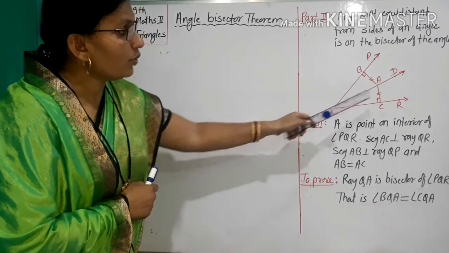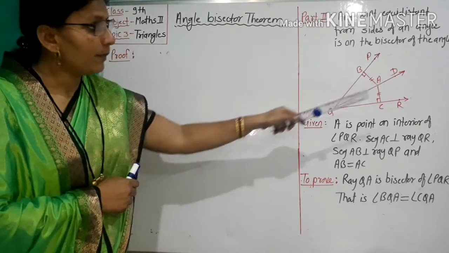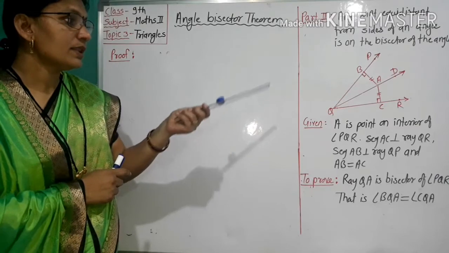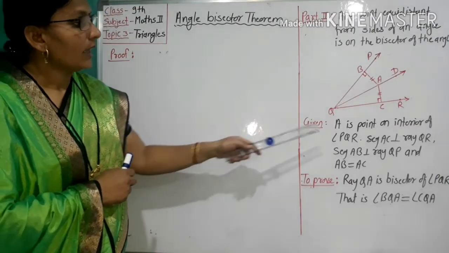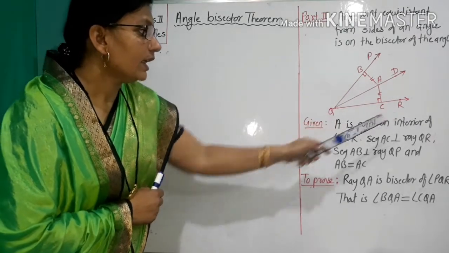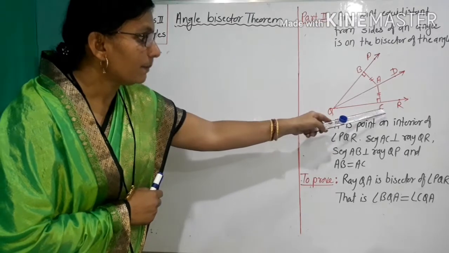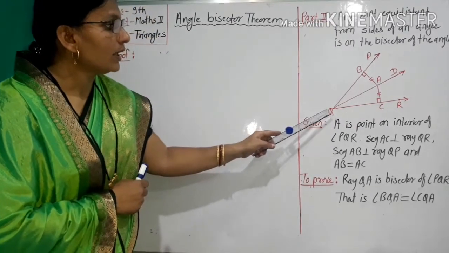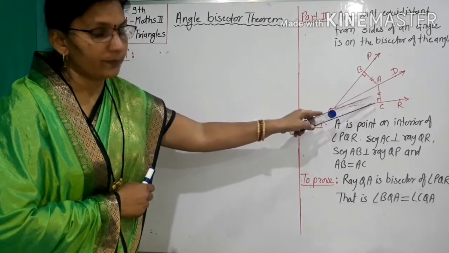In the figure, angle PQR, point A is in the interior of angle PQR, and this point A is equidistant from the sides of the angle. So in the given part, A is a point in the interior of angle PQR. Segment AC is perpendicular to ray QR, segment AB is perpendicular to ray QP, and AB equals AC.